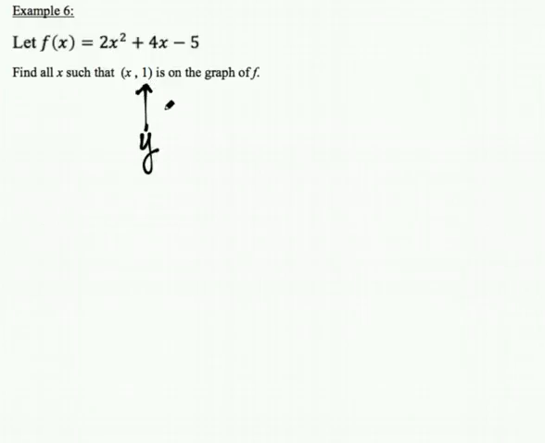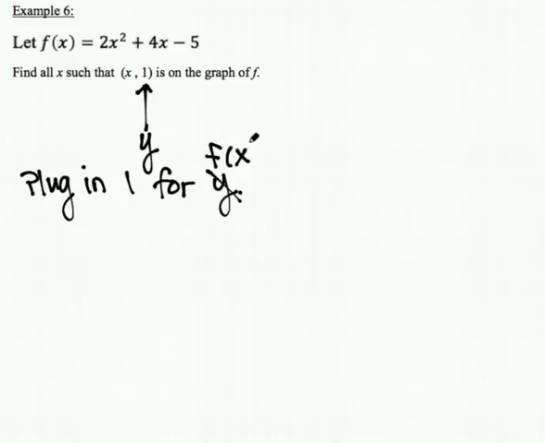If the y value is 1, we need to figure out what the x values would be. So I'm going to plug in 1 for y. You're like, where's the y? Well, remember that we're not using y, we're using f of x. So we're going to plug in 1 for the f of x.